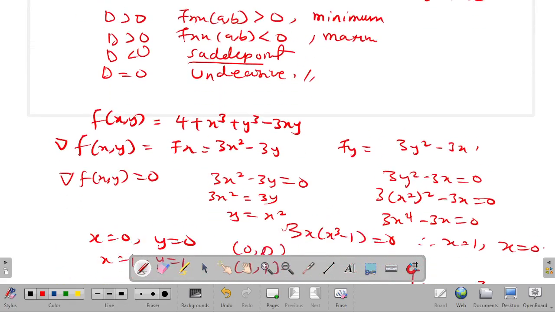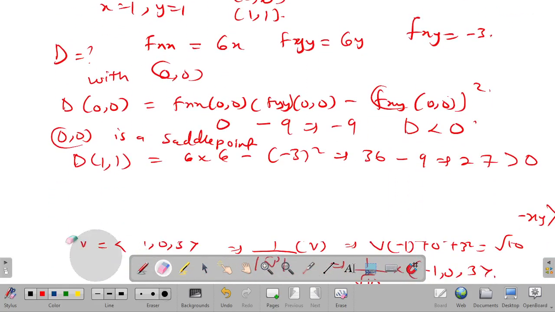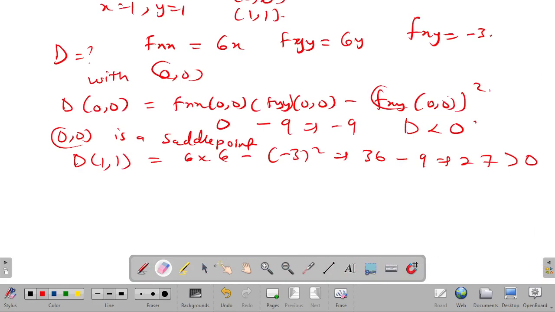If fxx is less than 0, it's a maximum; if fxx is greater than 0, it's a minimum. So fxx at (1, 1) gives us 6, and 6 is indeed greater than 0. Therefore, our critical point (1, 1) is a minima, or relative minimum point.